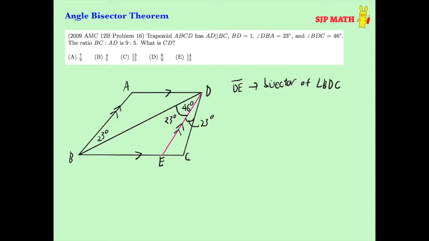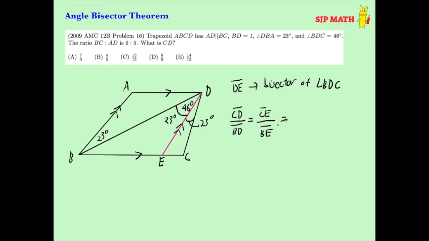By the angle bisector theorem applied in triangle BDC, the ratio of CD to BD is equal to the ratio of CE to BE. So let's write that. The ratio of CD to BD is equal to the ratio of CE to BE.